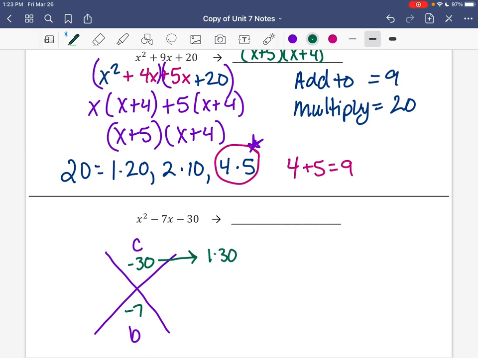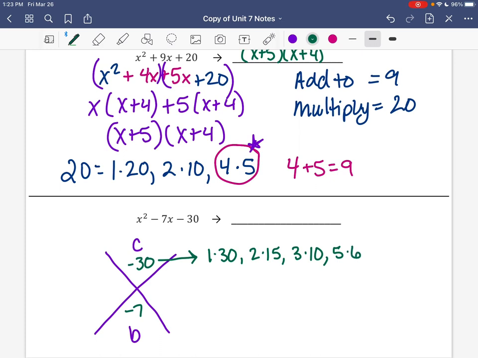So we've got 1 times 30, 2 times 15, 3 times 10. 4 doesn't work, but you can use your calculator to do this and actually do 30 divided by 1, 30 divided by 2, 30 divided by 3, and then 30 divided by 4 would not give you a whole number. And so then we've got 30 divided by 5 gives you 6.